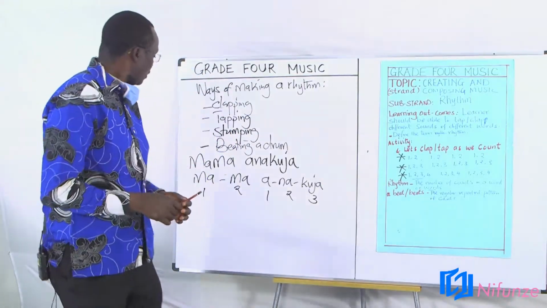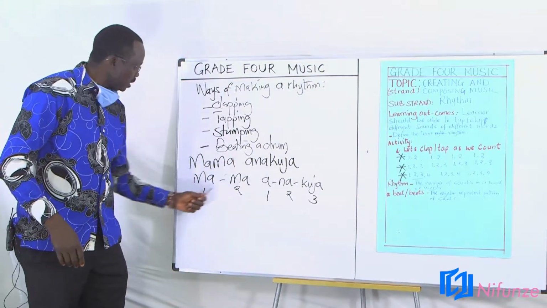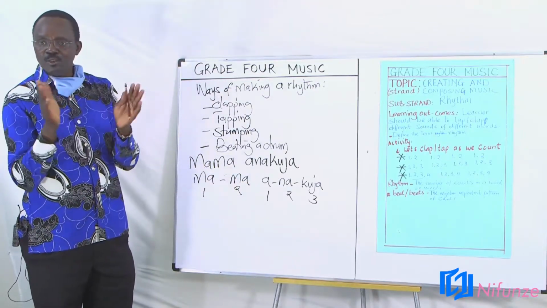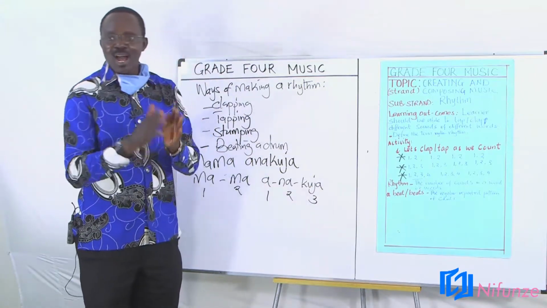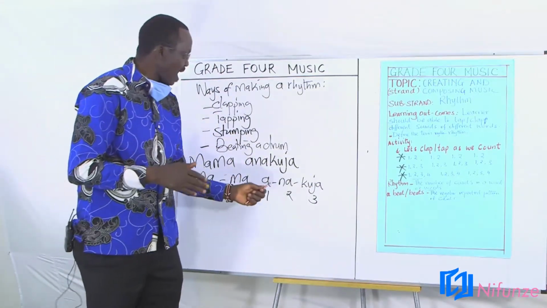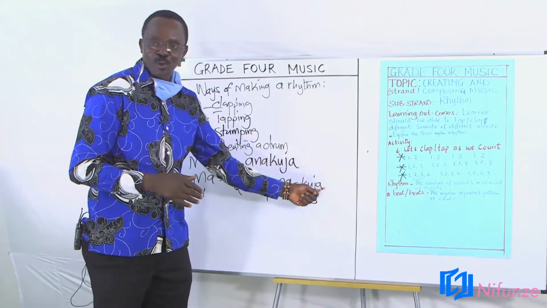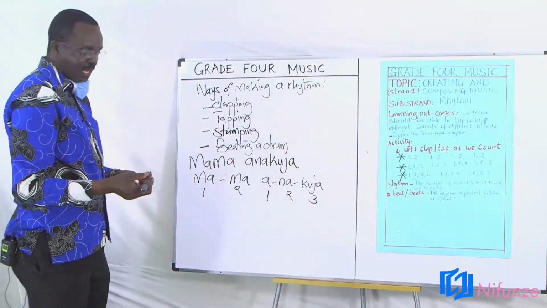Now you count 1, 2, then you clap your hands as you count. This 1, 2 is clapping, then you speak the words. 1, 2. Mama. Anakuja. 1, 2, 3. Anakuja.